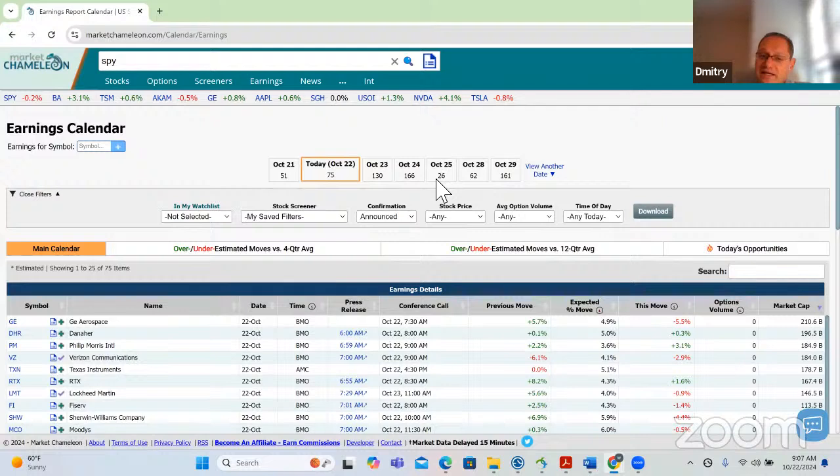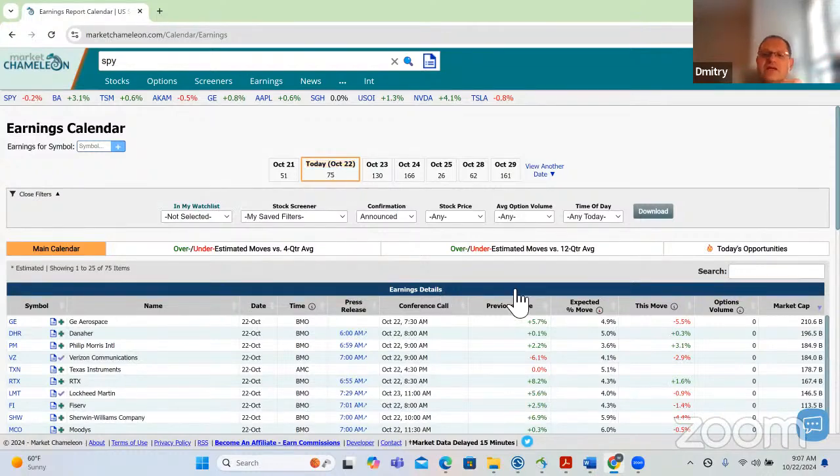You could also go back in history, say to see what happened on October 21st or October 20th. This calendar lets you do that type of analysis. When you come to the earnings calendar, the default date is the most current date with earnings. Right now we're on October 22nd.